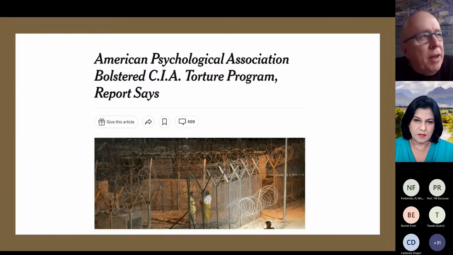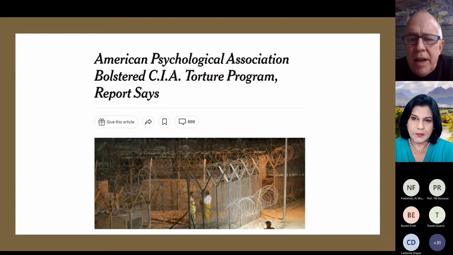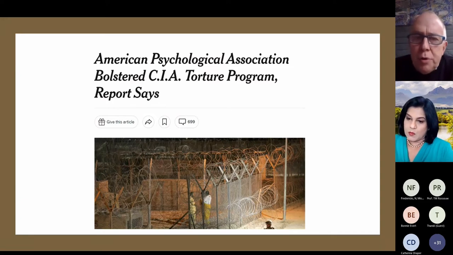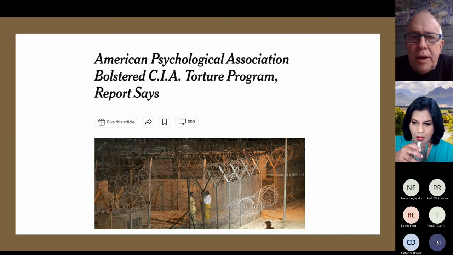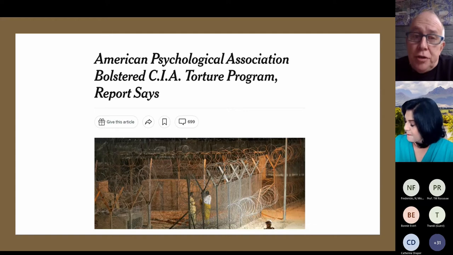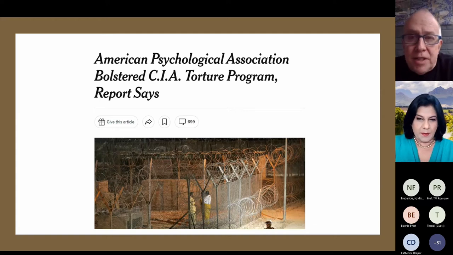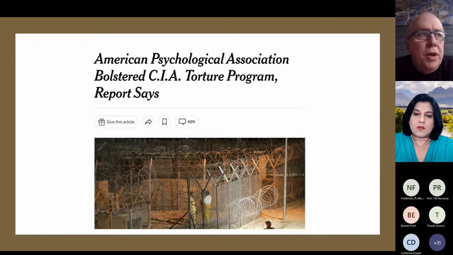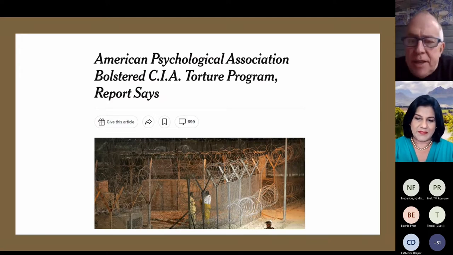Then I started thinking about other areas where issues around conflict of interest play themselves out in quite profound ways. Many of you will know about this during the Bush era, where the American Psychological Association, and in particular two psychologists, and I'm a clinical psychologist by training, were part of a CIA torture program to try and get detainees to talk.